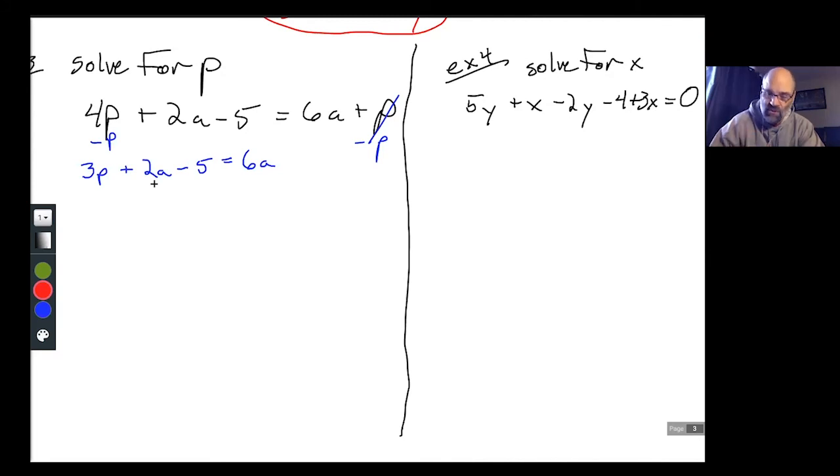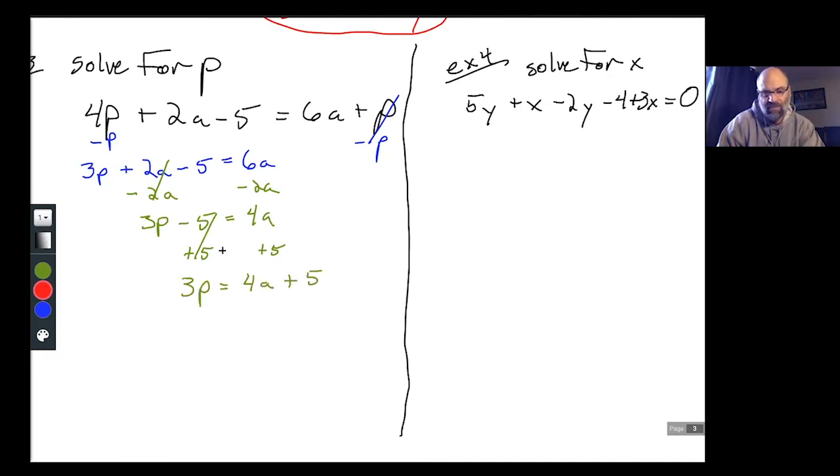Or do the shortcut. The 2a on the left side becomes a negative 2a on the right side. So what's 6a combined with negative 2a? 4a. Okay. All right. Now we still have this minus 5. That's still a constant we have to get rid of. How do you get rid of minus 5? Add 5. So what's 4a plus 5? 4a plus 5 because they're not like terms. So you just leave it 4a plus 5.